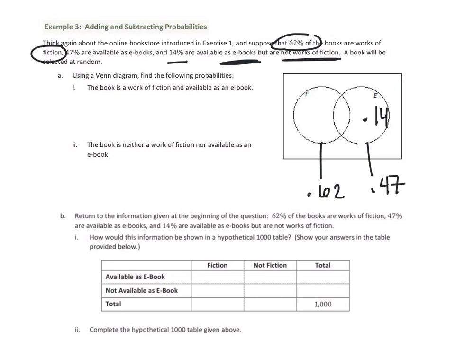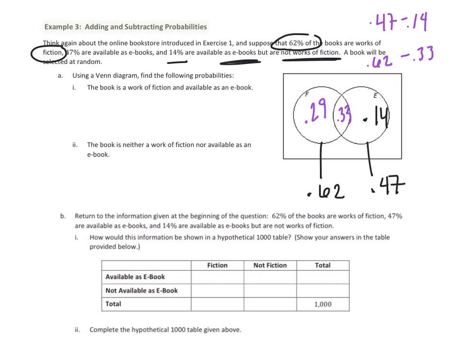So now we can easily get all the numbers. If this whole thing is 0.47, and you already know 0.14, I'm just doing that off to the side here, 0.47 minus 0.14, and that should get me 0.33. Now again, if this whole circle is 0.62, and you know 0.33 already, then I know this is 0.29.